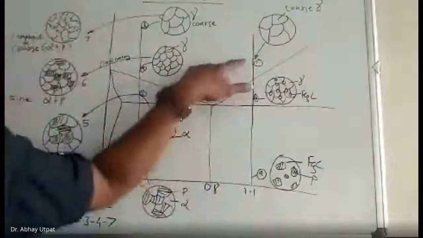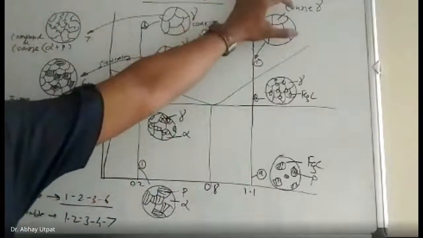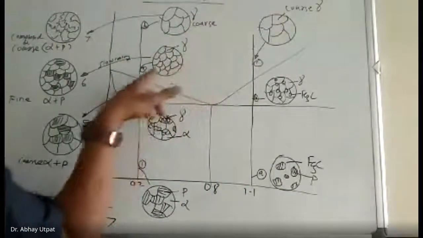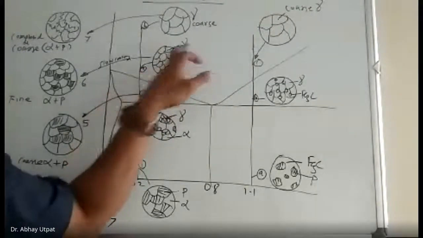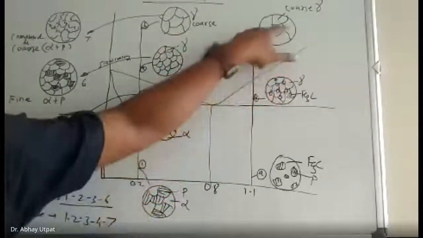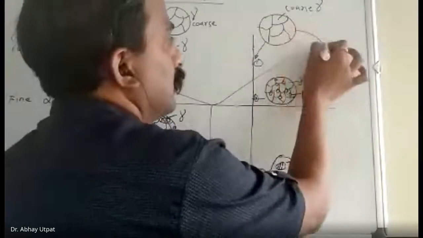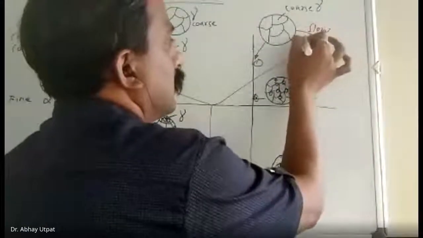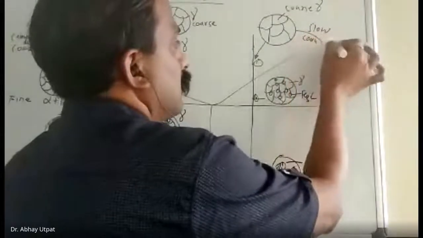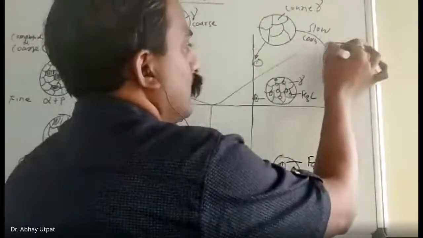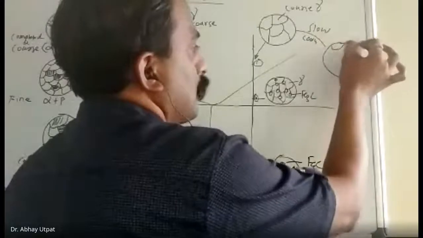So at this point C, the austenite will be little coarser than at this point. So if you compare both austenite, this austenite will be coarser, and if you cool it slowly, it will give again thick network of cementite.